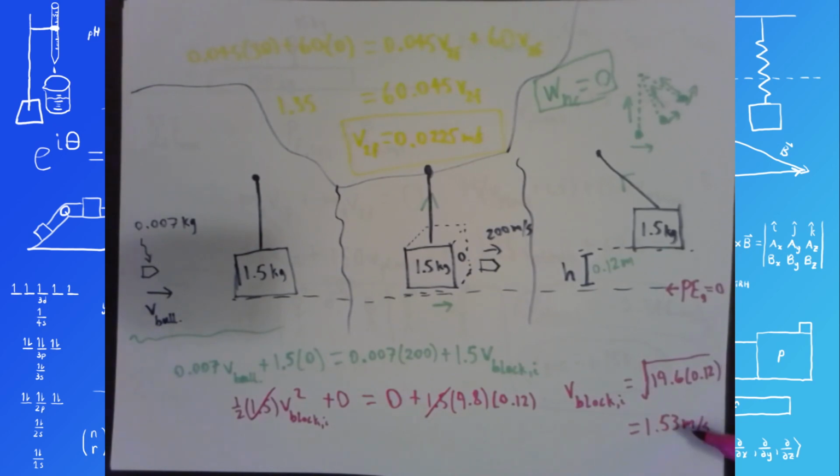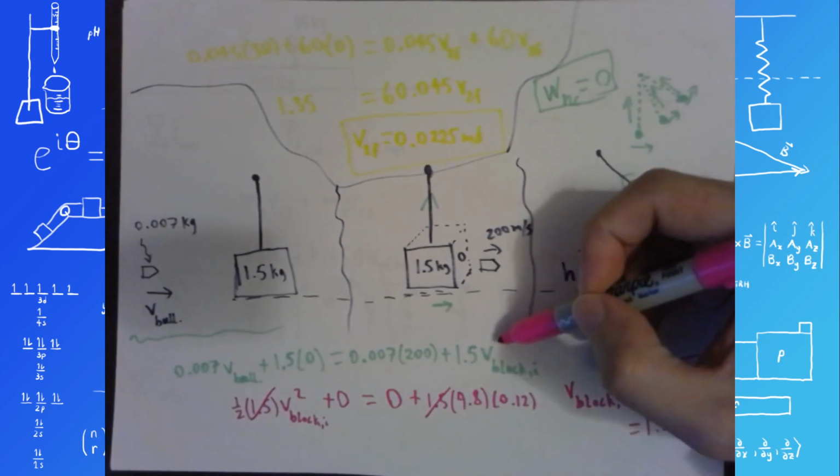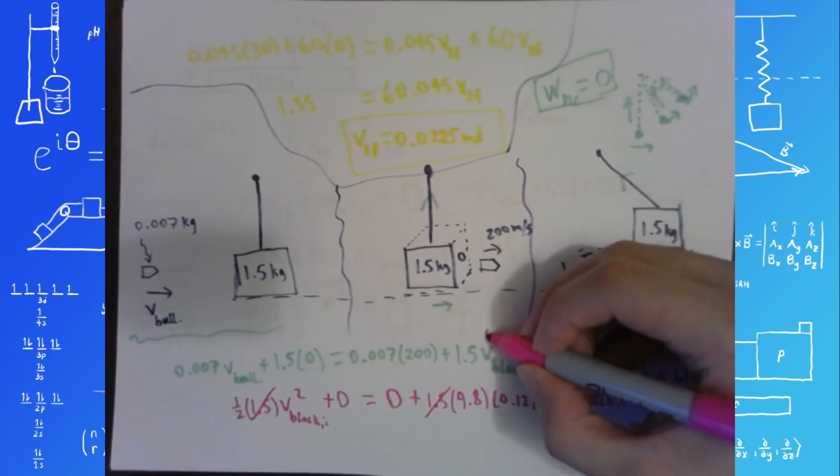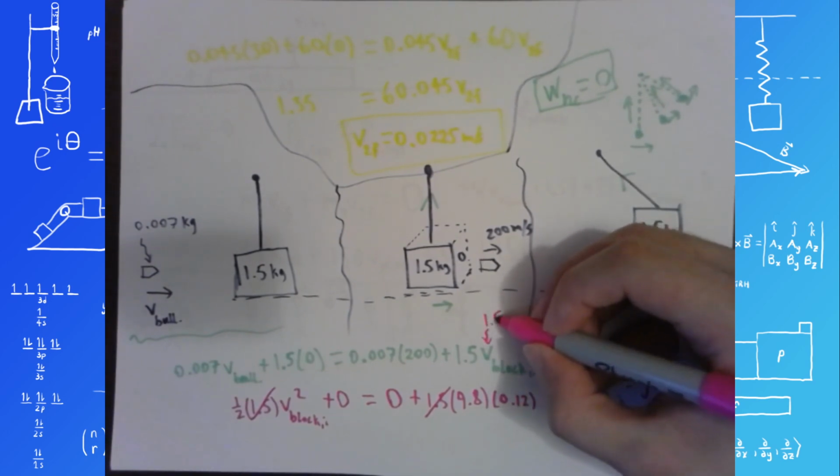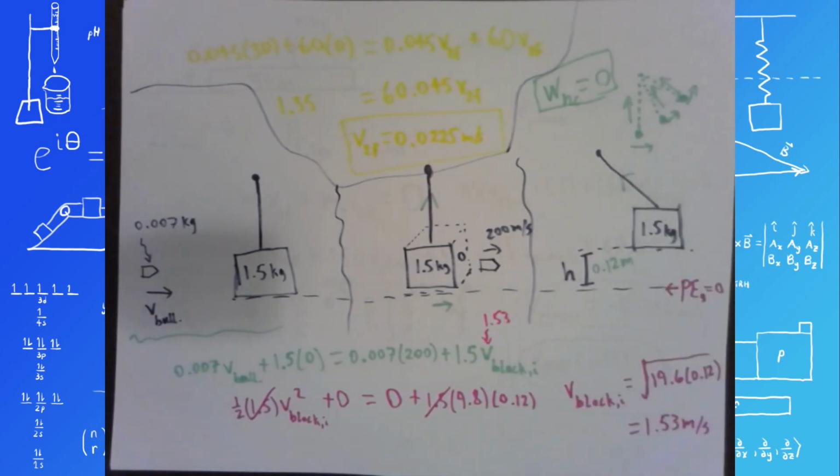And now that I know this, I can go back and plug it in here, and I can solve for the initial speed of the bullet. So let's do 0.007 times 200 plus 1.5 times 1.53 is 3.695.